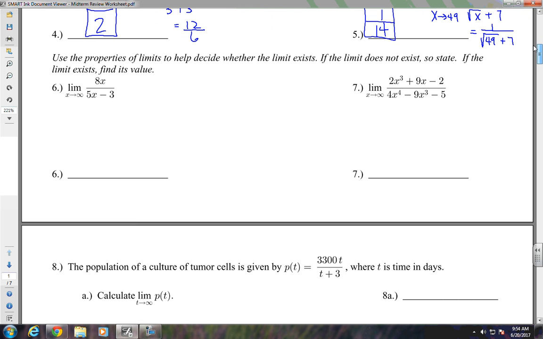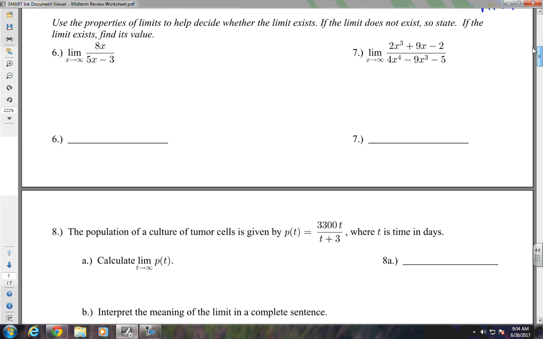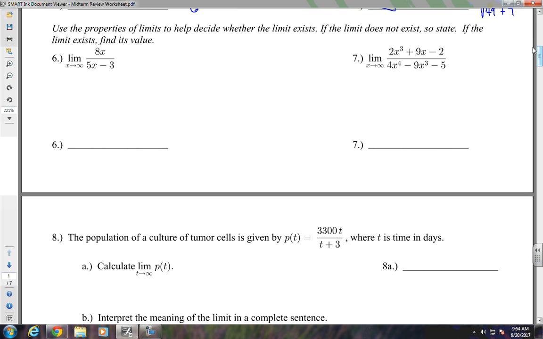The next series of problems deal with limits at infinity. So we're going to use different techniques to evaluate limits at infinity. Now, you can do it the long way, or you can memorize 3 shortcut rules to evaluate these very quickly. And I'll show you both ways.